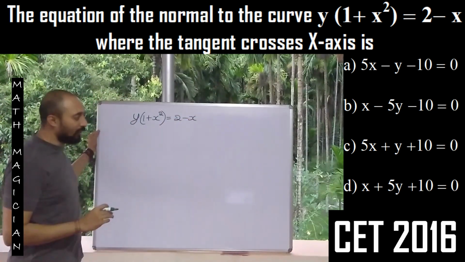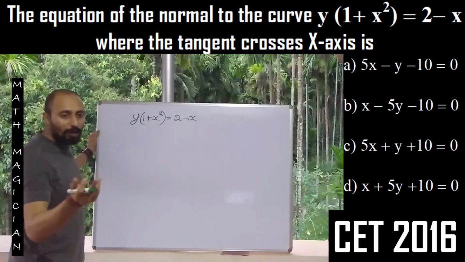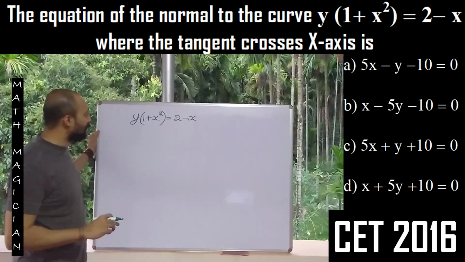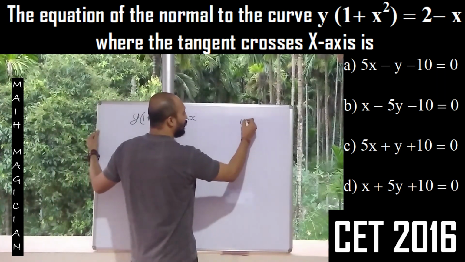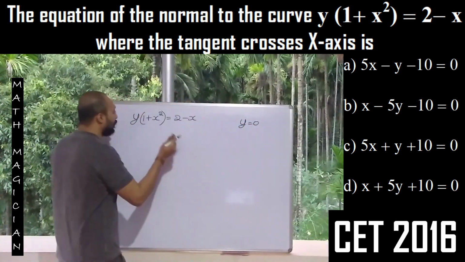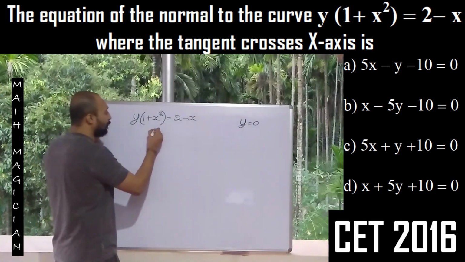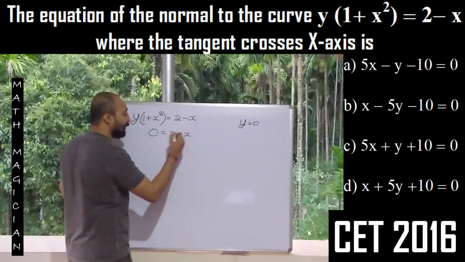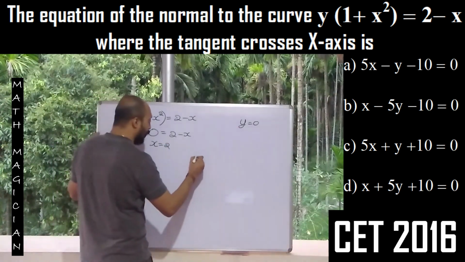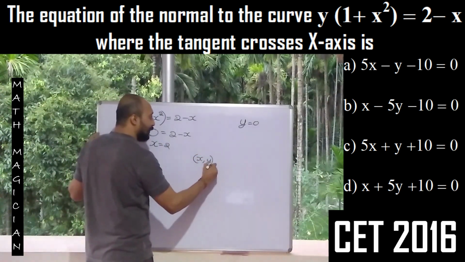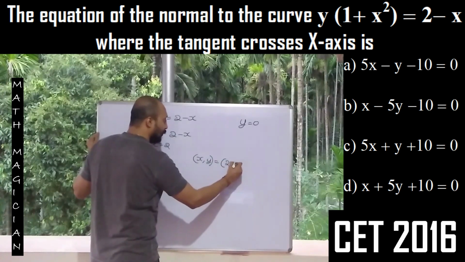And they have given a condition, it passes through x-axis, where the tangent crosses the x-axis. If the tangent is crossing x-axis, then the y value is 0 there. So if I put the y value 0, this whole thing will become 0, it will become 2 minus x. So x value will be directly 2. So I will get a point x comma y is equal to 2 comma 0.